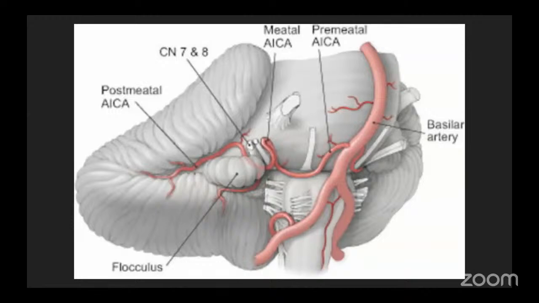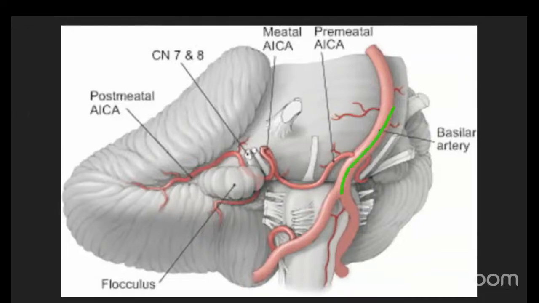This is our basilar trunk. Let me start my marking. This is our basilar trunk, basilar artery, and you can see the AICA, and you can also see the segments beautifully as well. Now, there are some segments which are not visible here. Let me see, just give me a minute.